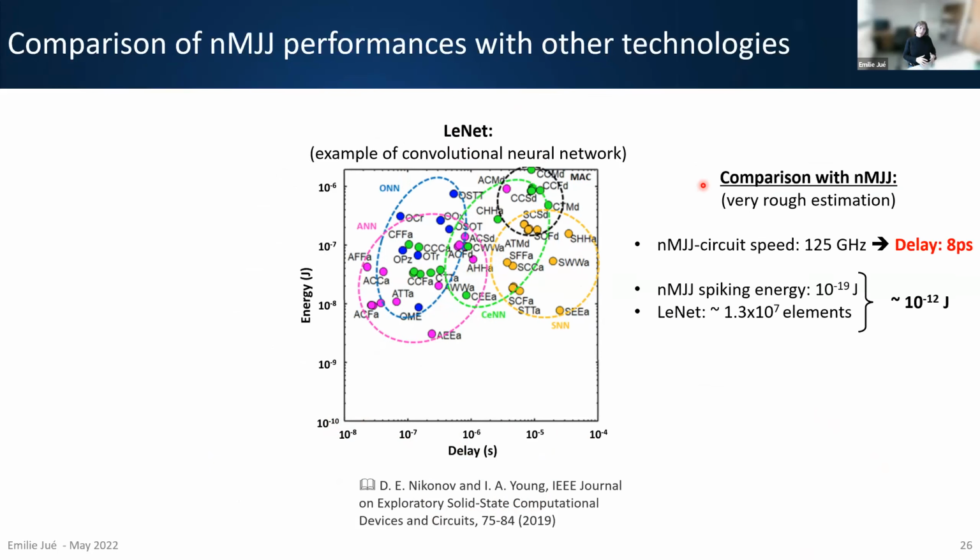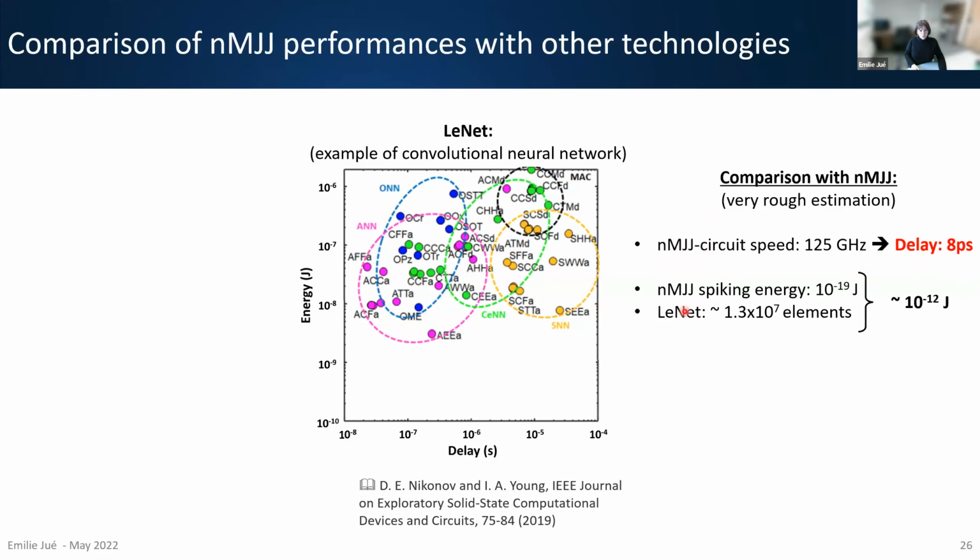We want to compare these numbers to our nanoclustered magnetic Josephson junction, so here we're doing some very rough estimation. We've seen with our simulations that our circuit with this nanoclustered magnetic Josephson junction can run at a speed of 125 gigahertz, which corresponds to a delay of 8 picoseconds.